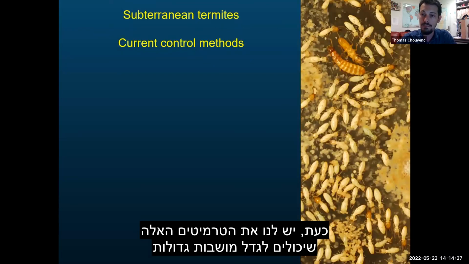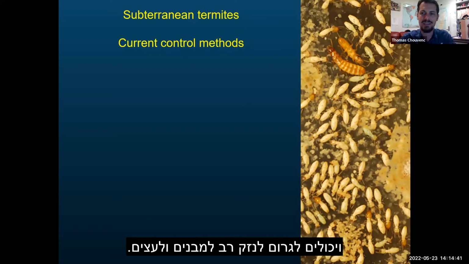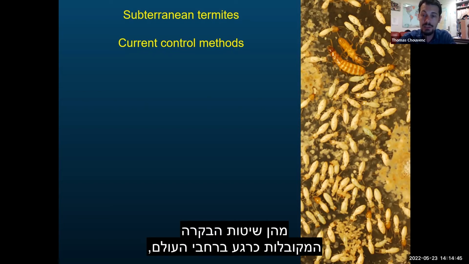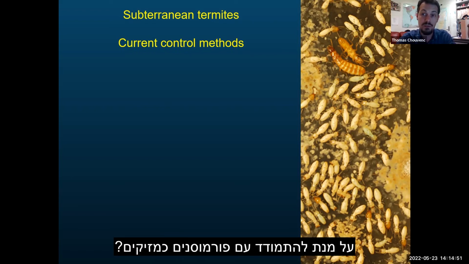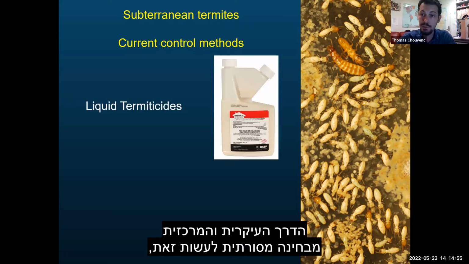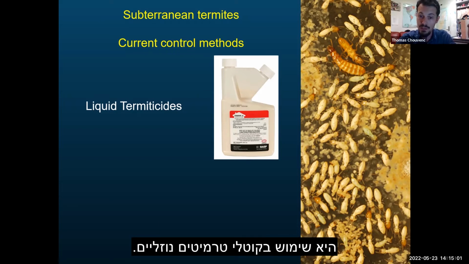Now, we have these termites that can grow these large colonies and can do a lot of damage on structures and trees. What are currently the methods of control that are accepted, let's say, around the world to deal with Coptotermes as a pest? The primary and historically primary way to do it is the use of liquid termiticides.